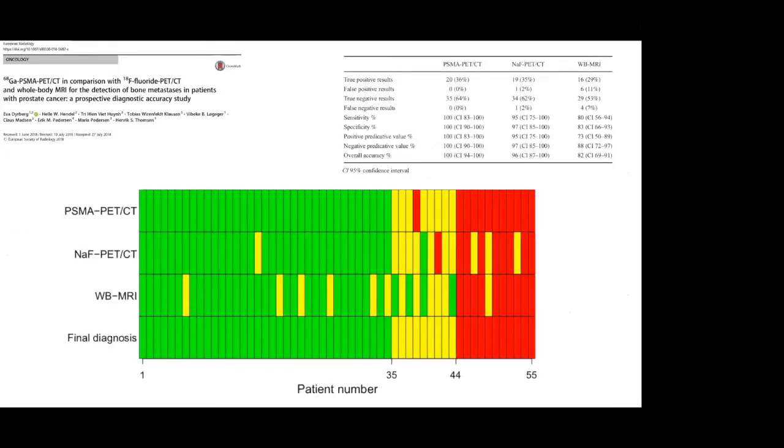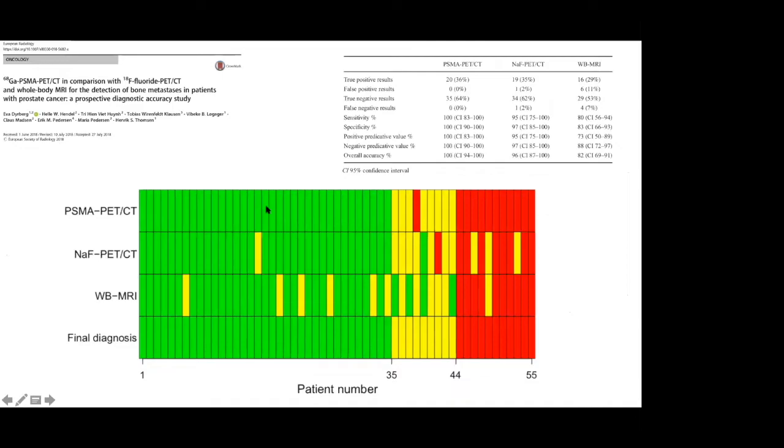The best study out there so far, I think, comparing PET with sodium fluoride and whole body MRI is this one, recently published in European Radiology. They included about 55 patients and compared with the final diagnosis, which was their reference standard.